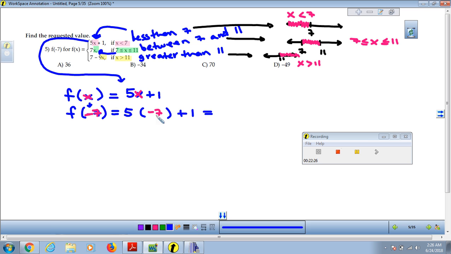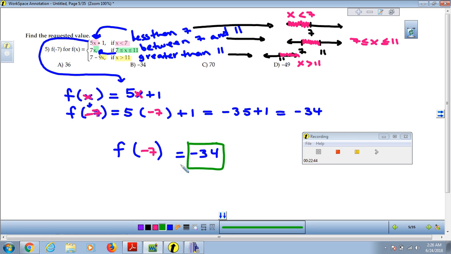So 5 times negative 7 is negative 35 plus 1, negative 34. So f of negative 7 is equal to negative 34. This is the answer. So when you substitute an x, this is the answer, which is a y value, by the way. So right here, this would be our answer.